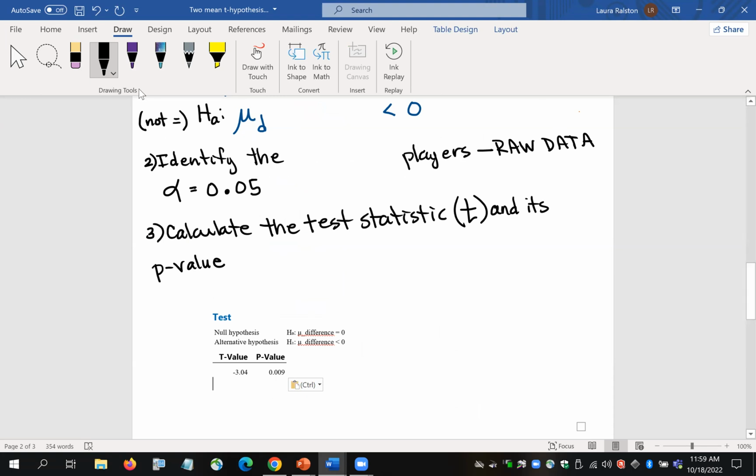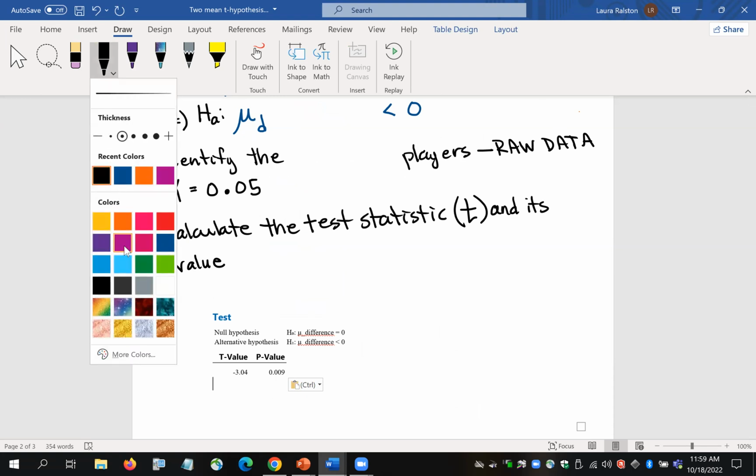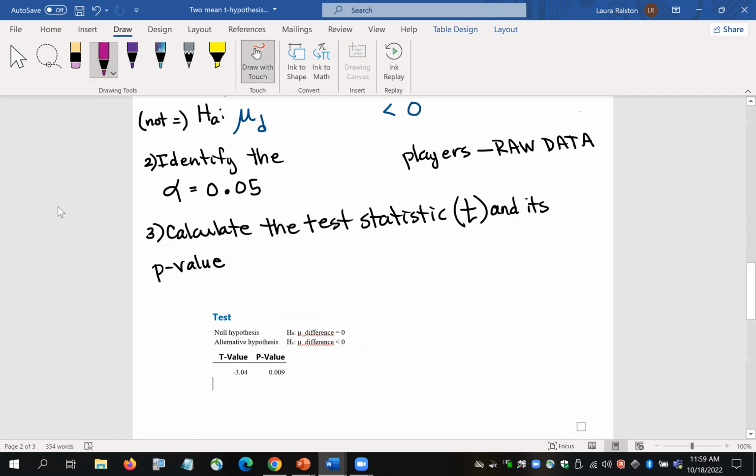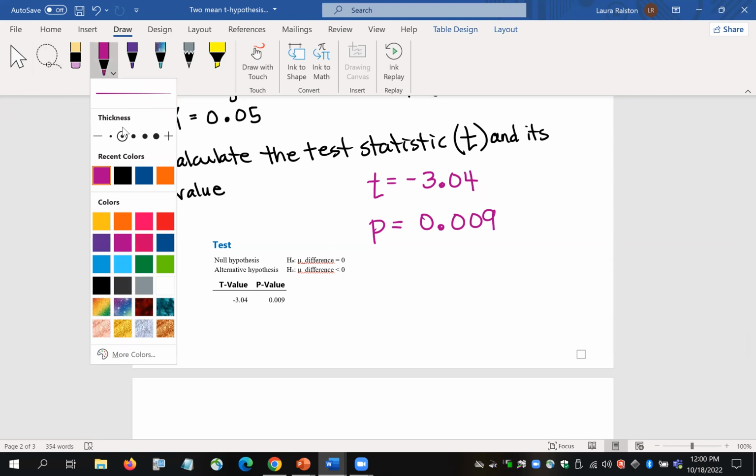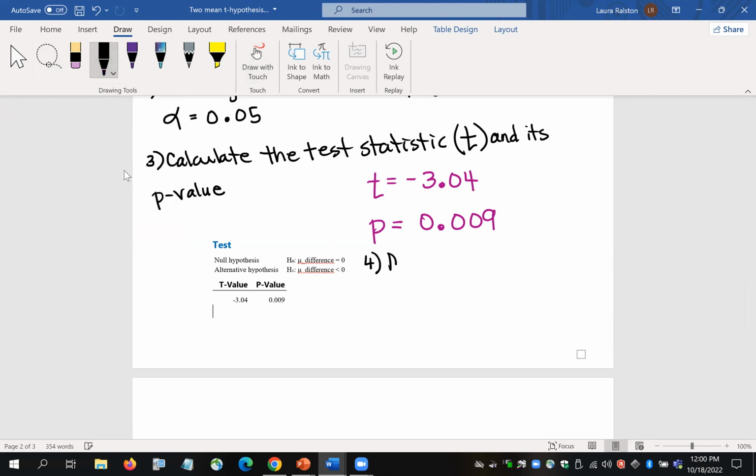Okay, so my t is negative 3.04 and the p is 0.009. Then step 4, we make a decision.